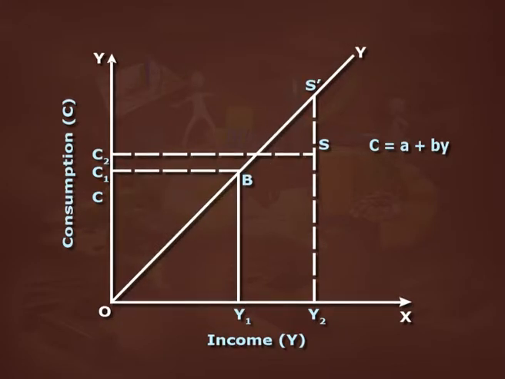It is evident from the figure that the consumption function curve CC deviates from the line OY. At lower levels of income, the consumption function curve CC lies above the OY line, signifying that at these lower levels of income, consumption is greater than the income.